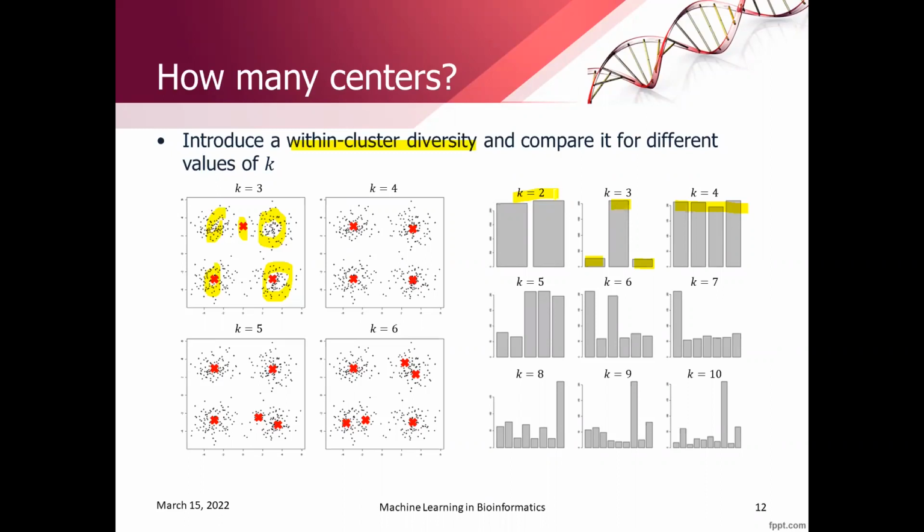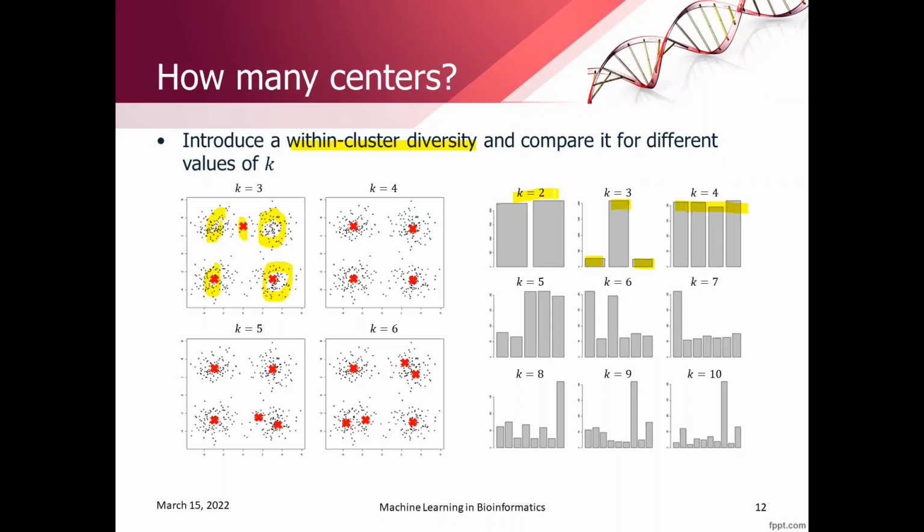Within cluster diversity, yes, this could be reasonable, but only if we expect that the clusters are of similar size and similar dispersion. Maybe there are some clusters which are very dense with very small variance, and some clusters which are not so dense.